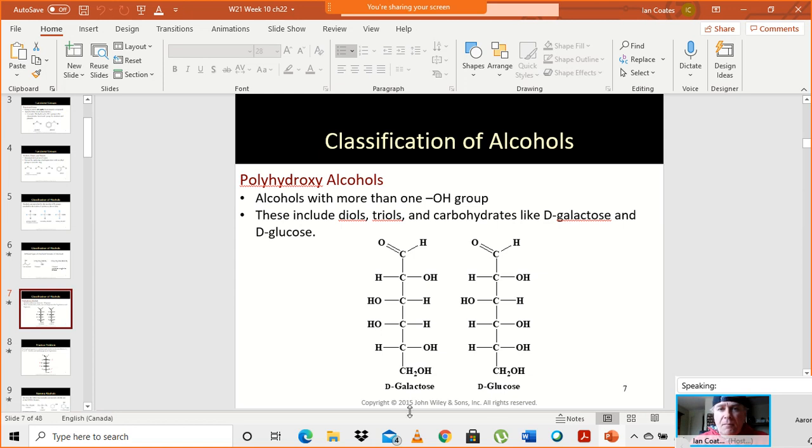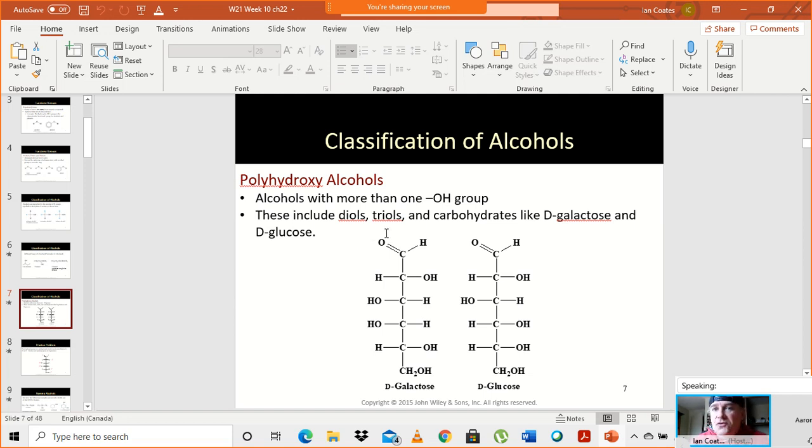I'm going to introduce these, but we're going to come back to them towards the end of, I think it's week 12. Yeah, the very, very last lecture. Okay. And when we get into sugars and polyhydroxyl alcohols. These are alcohols with more than one OH group.